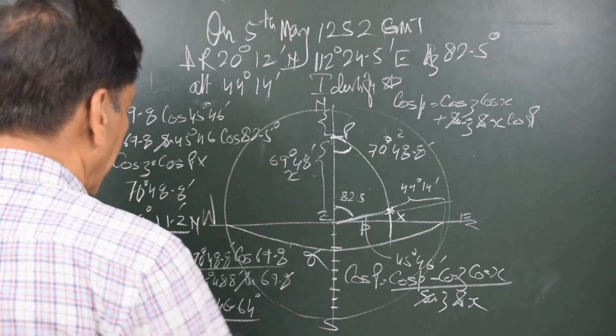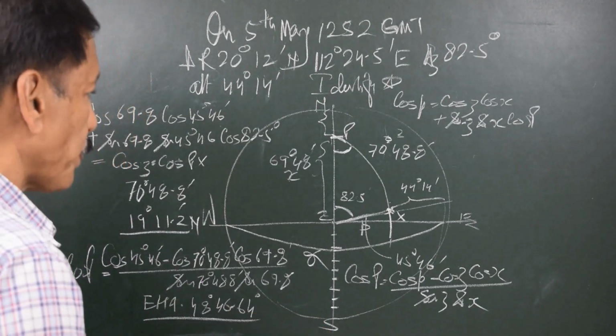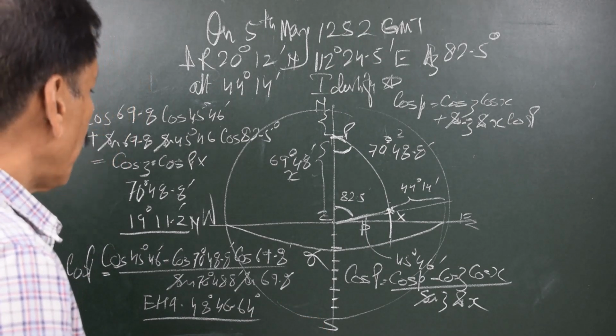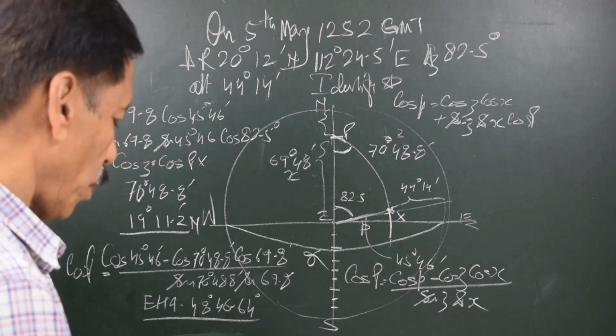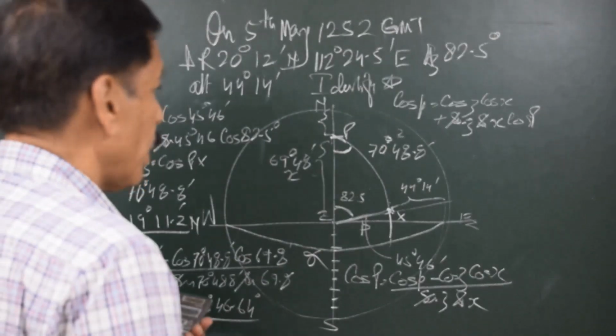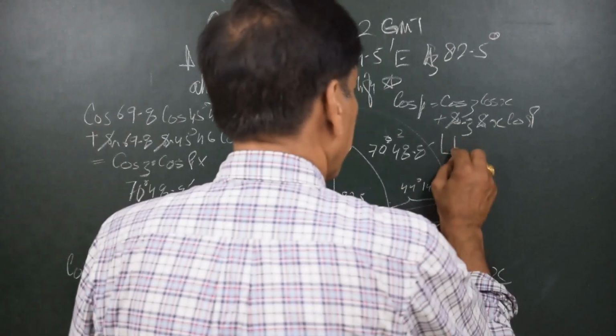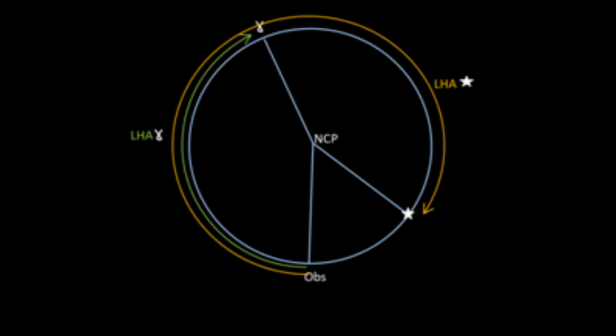EHA is 48 degrees 46.64. So once we have the EHA as 48 degrees 46.64, this, if I subtract from 360, will give me the LHA. So LHA of the star is 311 degrees 13.35 minutes.